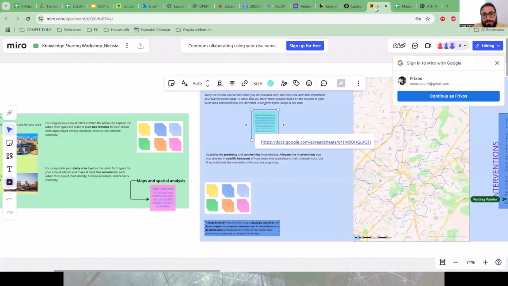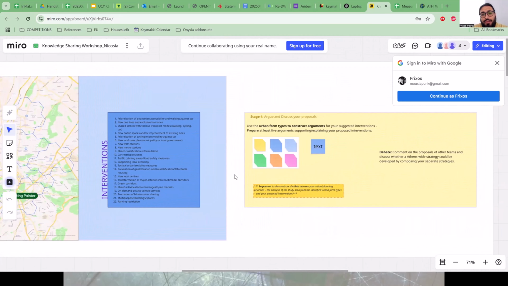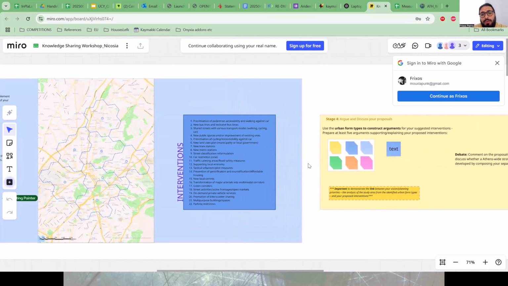Then, after you have selected the measure, you have to specialize it and put it in the corresponding area on the map here. And then you would have to make some arguments about your identified proposals and stuff like that.